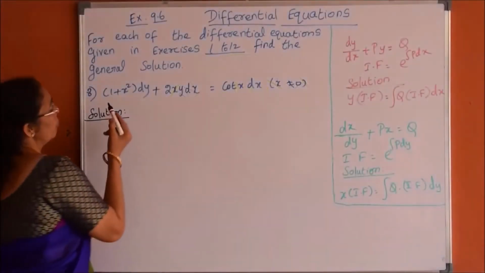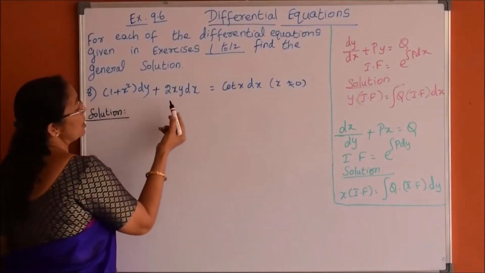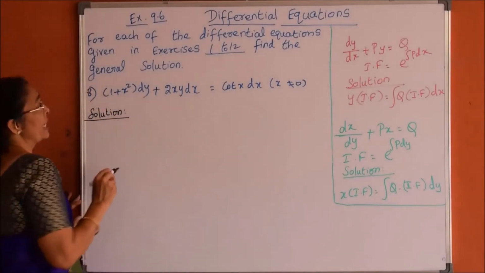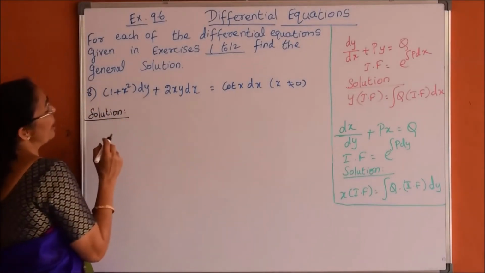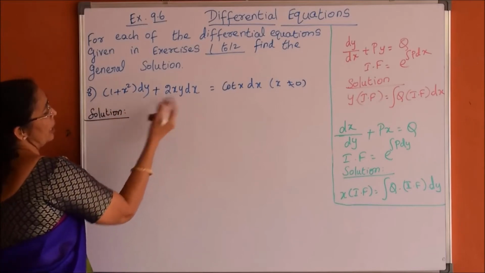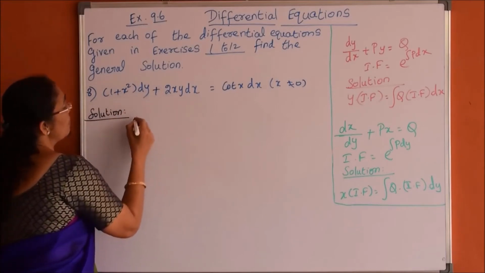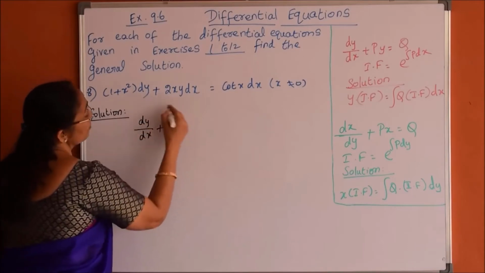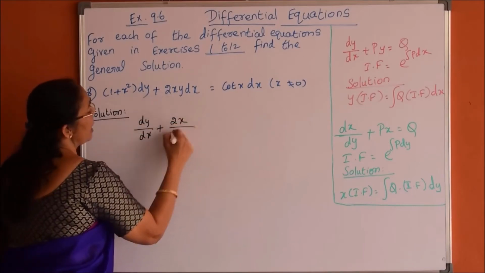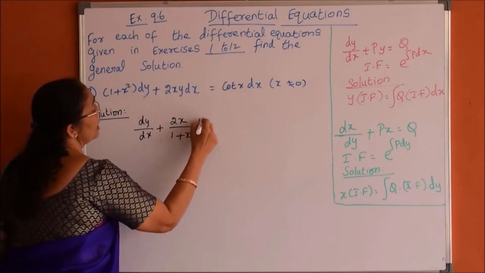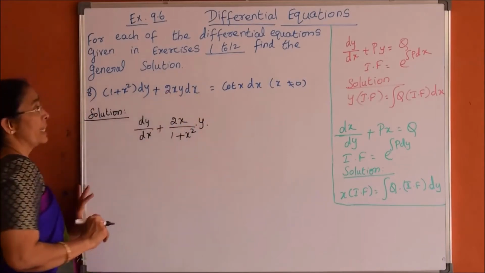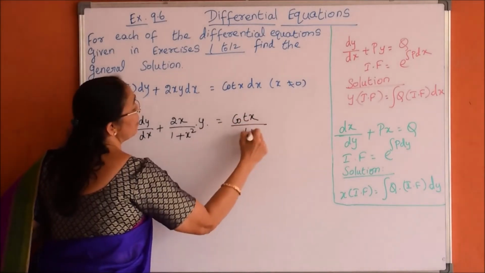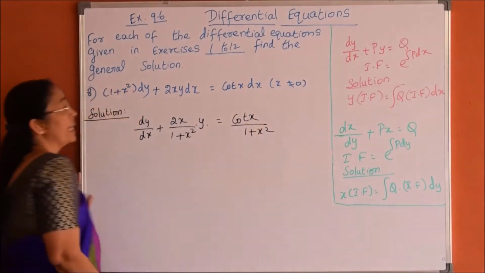8th problem, 1 plus x square dy plus 2xy dx is equal to cot x dx. First let us arrange and write, dividing throughout by 1 plus x square and dx. So we will get dy by dx plus 2x by 1 plus x square into y, dx will get cancelled, is equal to cot x divided by 1 plus x square, and dx will get cancelled.